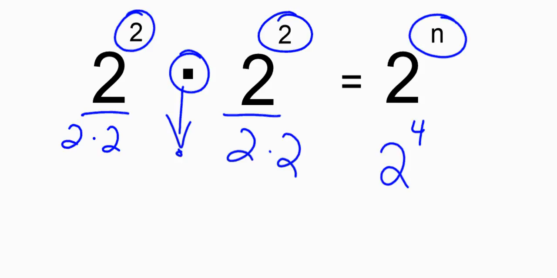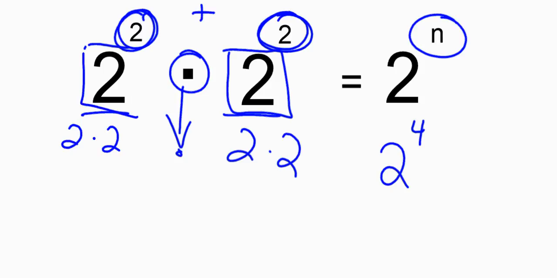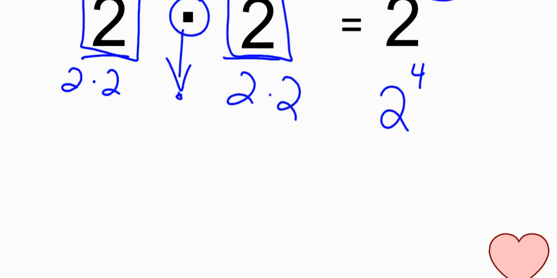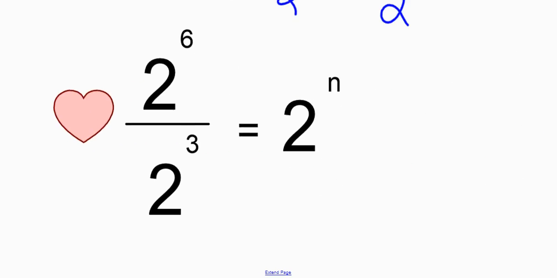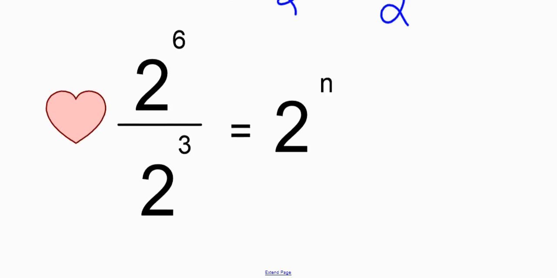In a sense, if you look at it, we took this exponent and added it to this exponent. Of course, you have to have the same base. Got to have the same base. So if that's how multiplication works, see if you can figure out this one. What happens if you're dividing?